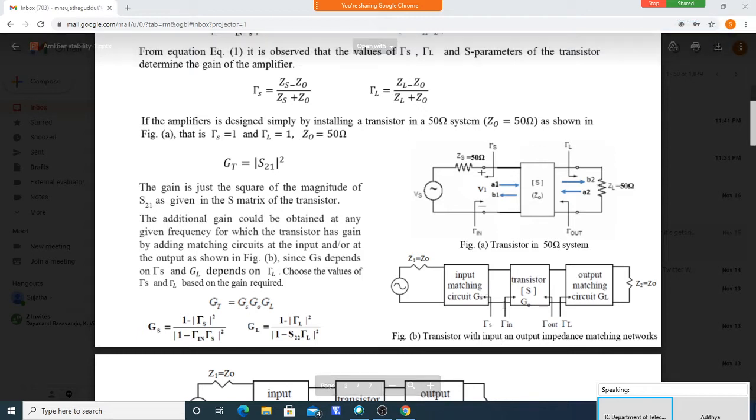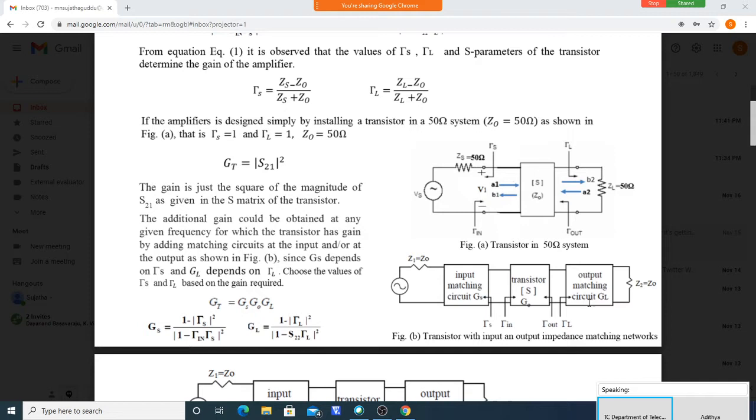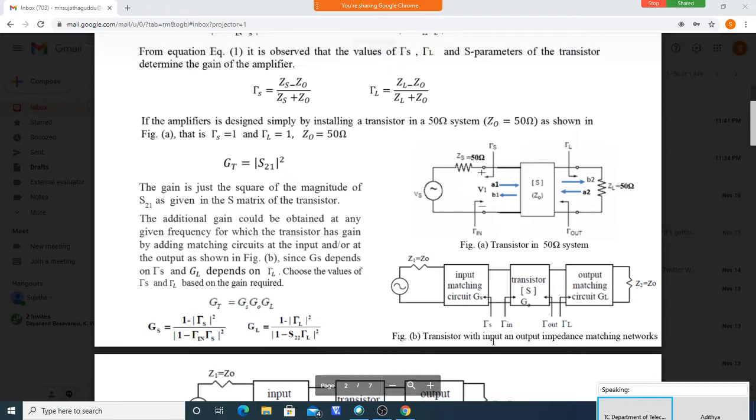By using impedance matching networks, we changed the impedance looking towards the source, and similarly looking towards the load. Based on the gain required, we adjusted the input impedance, and similarly the output. That is what we were discussing.